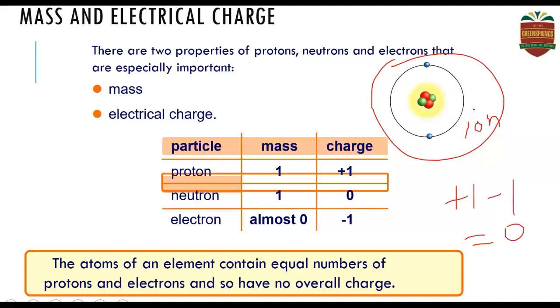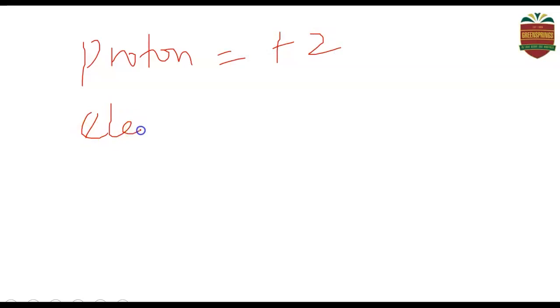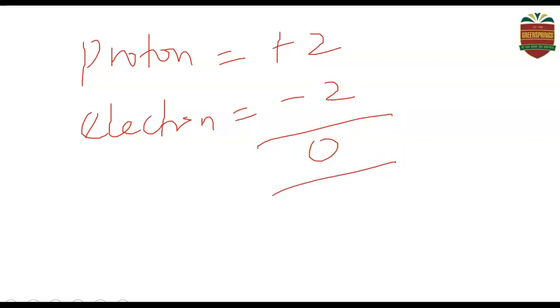So atoms have no charge because they have an equal number of protons and electrons, and so the charges cancel out each other. If I have protons to be +2 and electrons to be -2, of course, I have 0, so no charge.